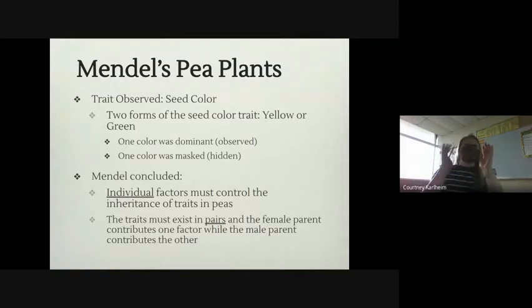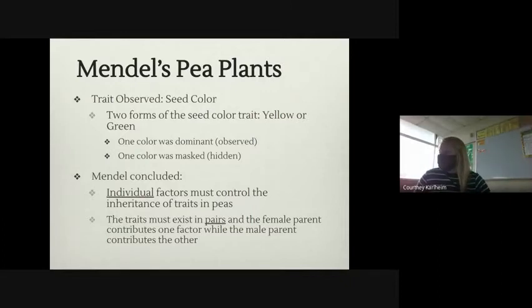So the seed color is different than seed shape. So they are inherited separately. And that the traits must exist in pairs in the female, and the female parent contributes one factor and the male contributes the other. So just like we found with our chromosomes, one chromosome comes from mom, one chromosome comes from dad, or like the male and the female chromosomes. I'm going to try and assign this one more time.